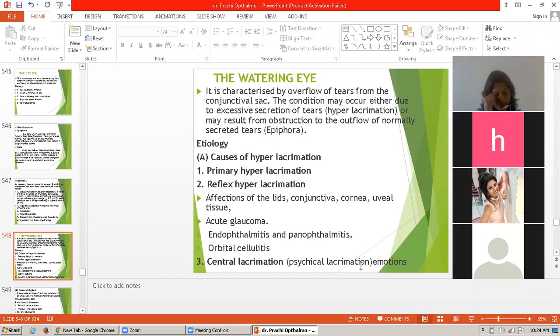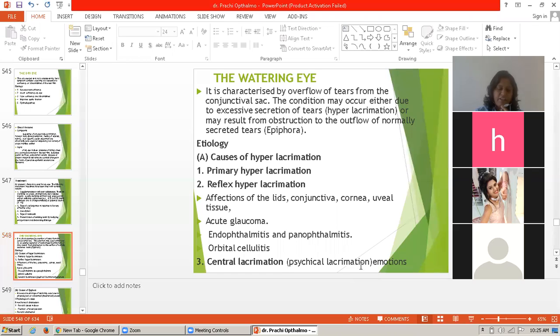And epiphora, that is defective drainage of tears due to a fault in the lacrimal passage. Causes are mechanical obstruction in the drainage system due to congenital absence or occlusion of the puncta, and canaliculitis, that is canalicular obstruction, congenital dacryocystitis, chronic or acute dacryocystitis with neoplasm of the lacrimal sac, nasal pathology like polyps, tumor in the inferior meatus of the nose.